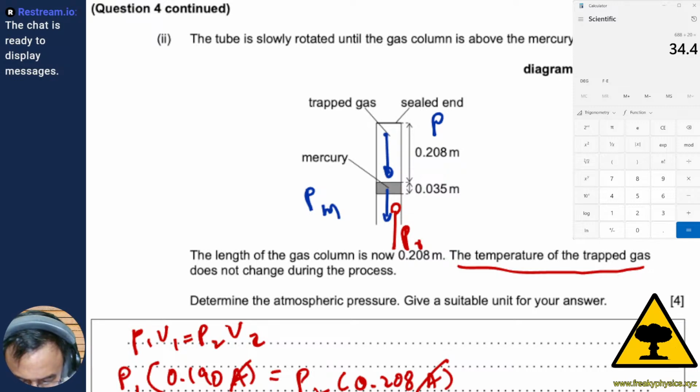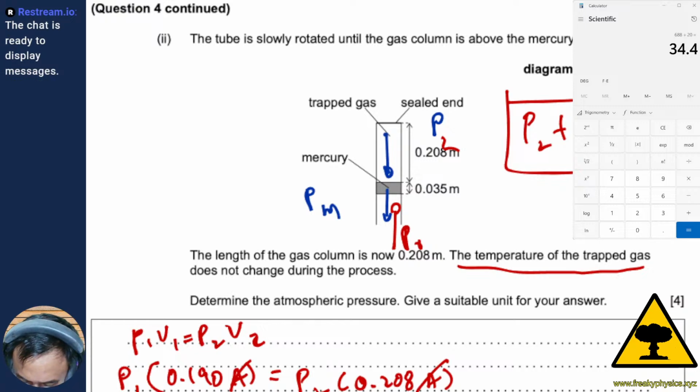However, what can we get here again from the diagram? Let's label this P2, right? That P2 plus PM should be equal to P0, atmospheric pressure. But also, let's just write the formula from the previous problem.